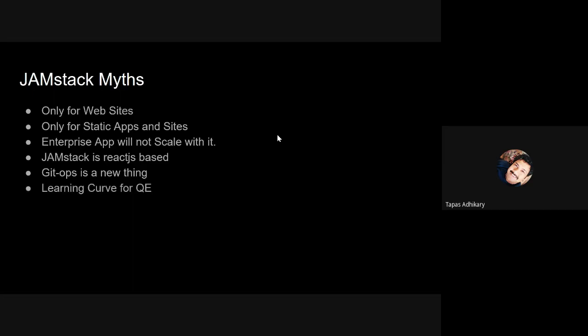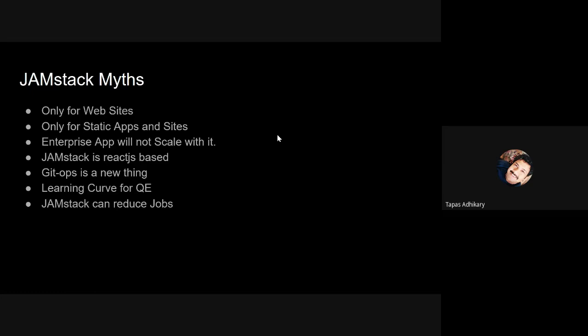Learning curve for QA. I'm not sure if in this session there is someone from quality engineering or quality assurance, but if you're hearing this later, there is no exponential learning curve. Actually, there is no learning curve. Basically, what you have to learn is maybe certain tools. That's all, and there is nothing else, right? JAMstack can reduce jobs.